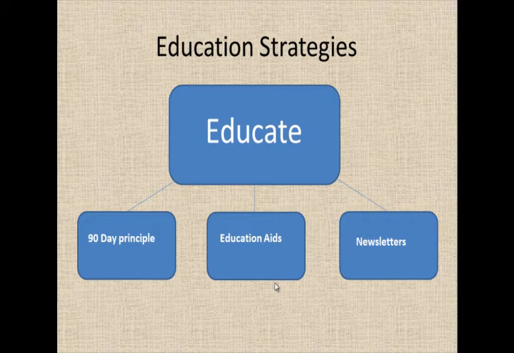As you can see here, our first was education, or educate. There are 3 strategies or tactics that relate to education. The first is the 90-day principle. Second is educational aids, and third is newsletters. So let's explore each of those.